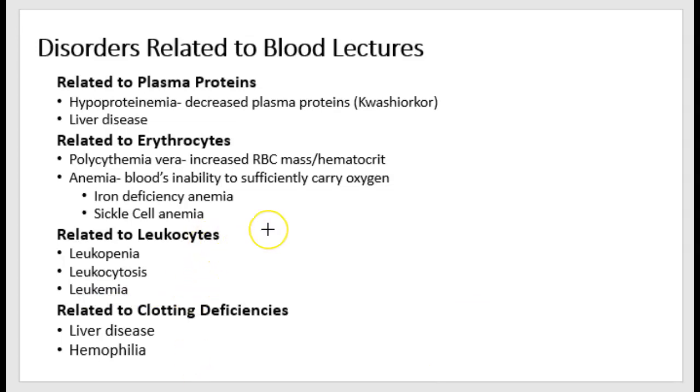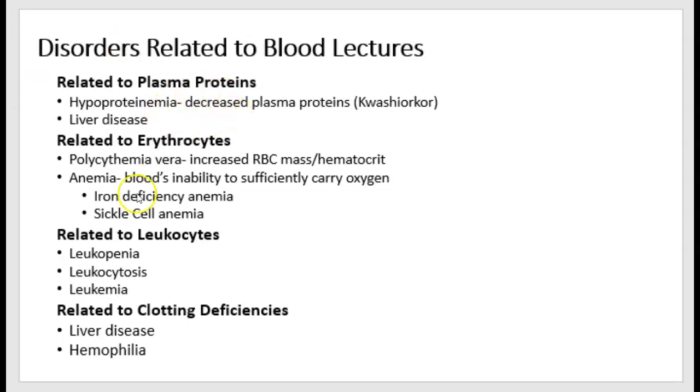And then we also talked about clotting deficiencies, the inability for the blood to clot when needed. That could be due to liver disease as well, because the liver makes clotting factors. But it could also be due to a genetic disorder referred to as hemophilia. And remember, the technical term for clotting is coagulation, which I should have written.